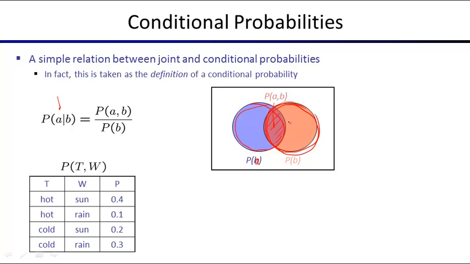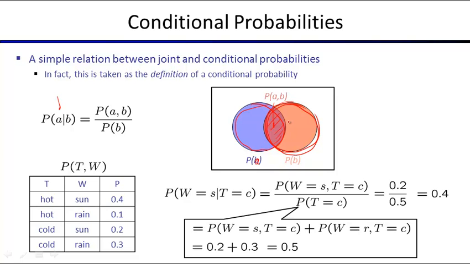Okay, so let's do an example. We have our joint distribution here, and let's look at the conditional for weather being sunny given temperature equals cold. All right, let's do the math. What do we have here? We have the joint over both of them divided by just the probability of what you condition on, t equals c.